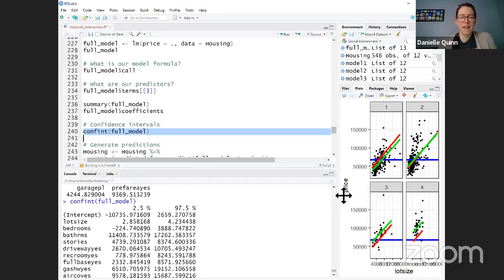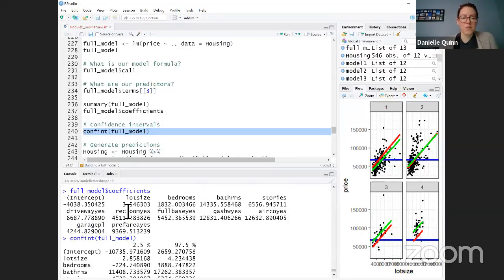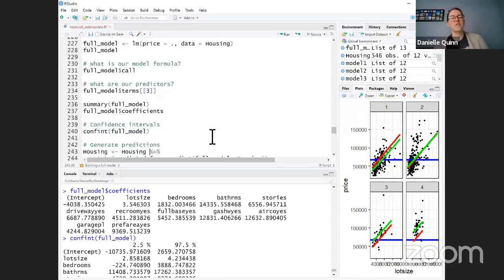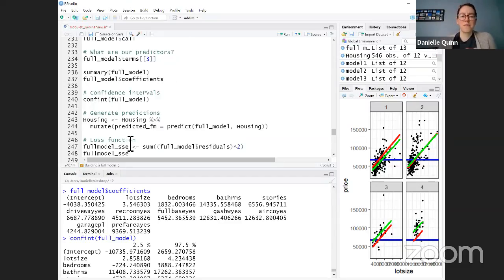So for example, you see lot size was estimated to be $3.55 per unit lot size, but in terms of the confidence around that, it's really from about $2.85 to about $4.23.